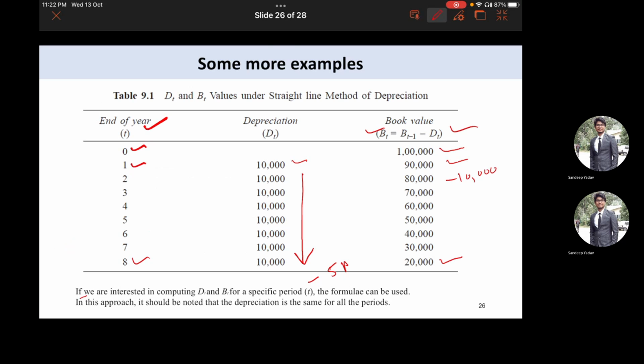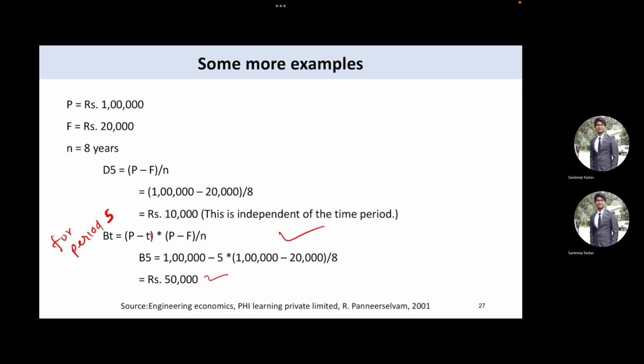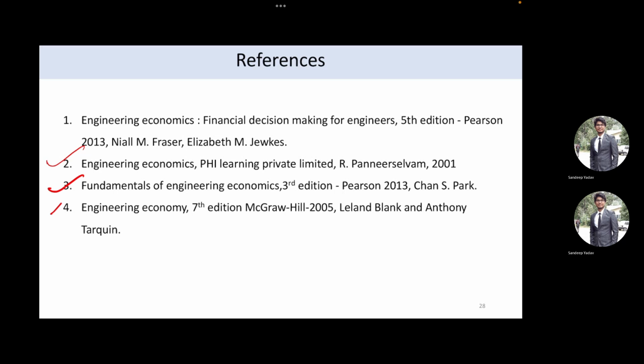We can directly see the value for this period from the table also, but if you want to calculate from the formula, we can calculate in this way. Now these are the references that I've used to make this lecture. You can follow this book, or you can follow this book also.